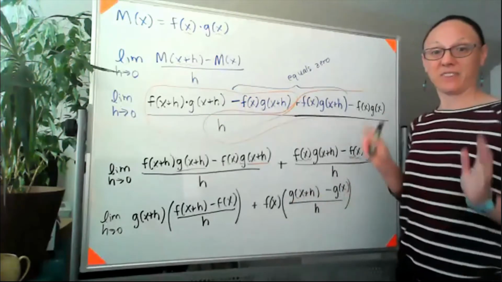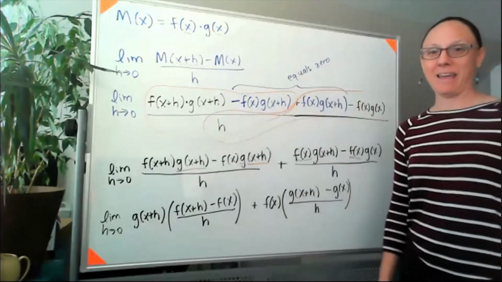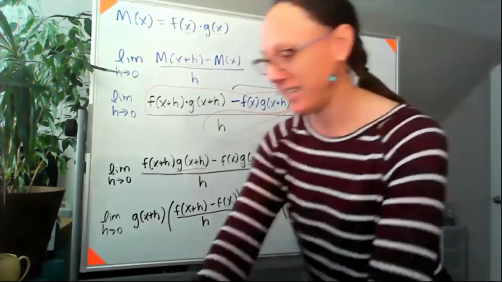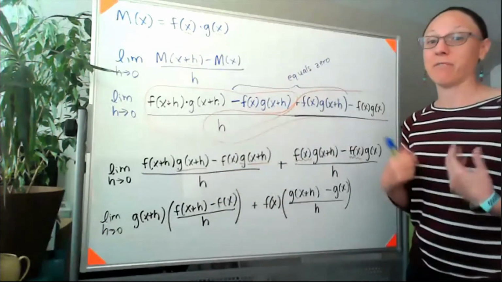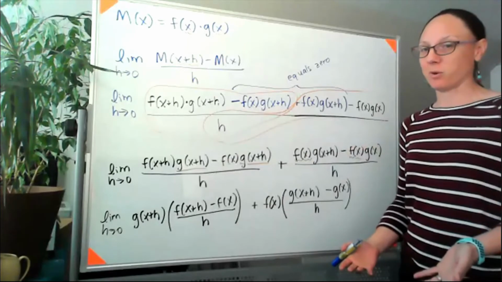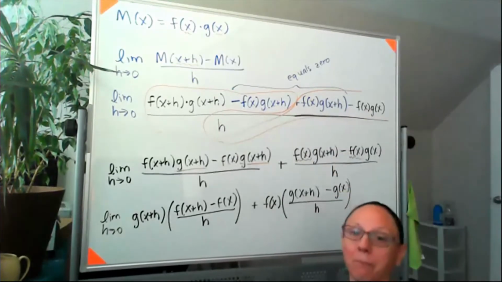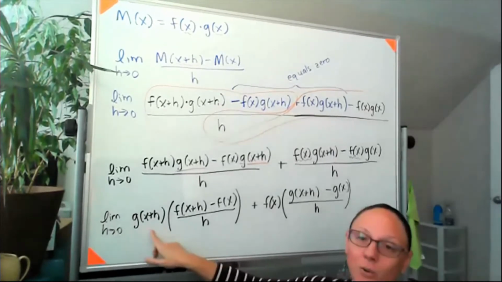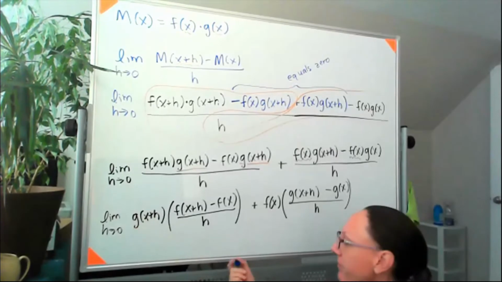The mathematician now looks at this thing and says, hey, we're ready to take the limit, because if I take that limit as h approaches 0 now, I got to get short. Here, when you plug in 0 for h, we're going to be left with g of x.